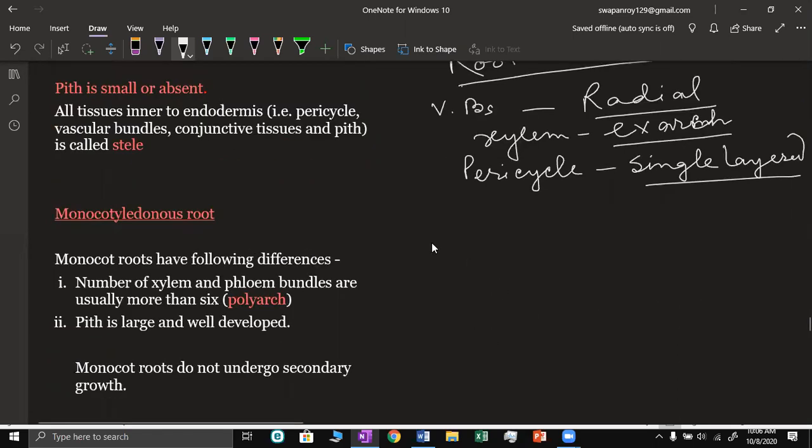And also we learned about monocot and dicot.